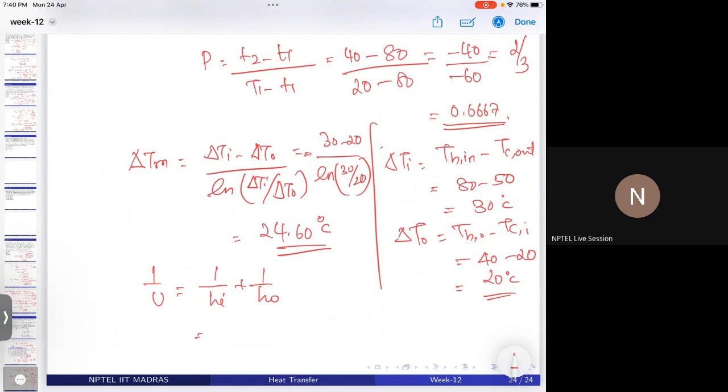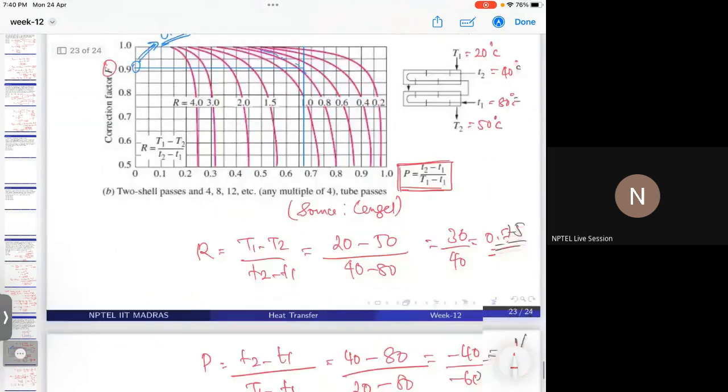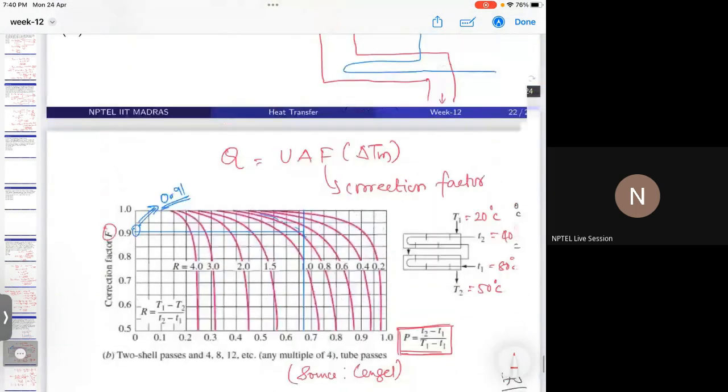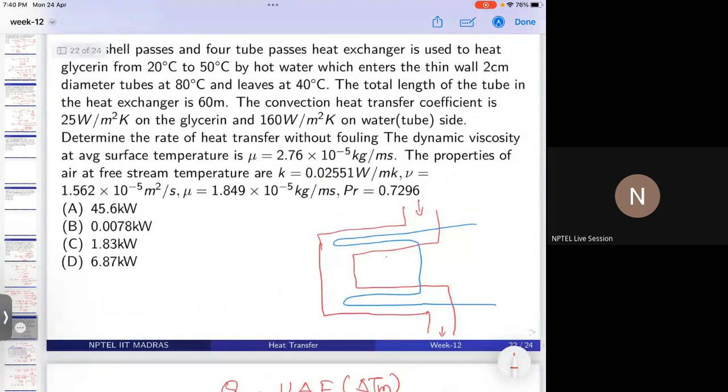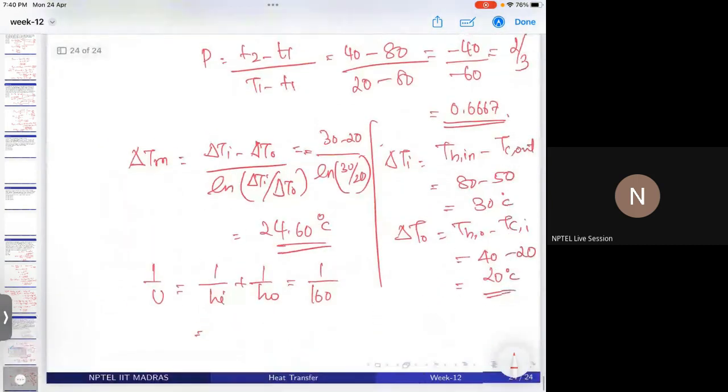So that is equal to 1 by 60, sorry, convection heat transfer, first you have to find 1 by 60.